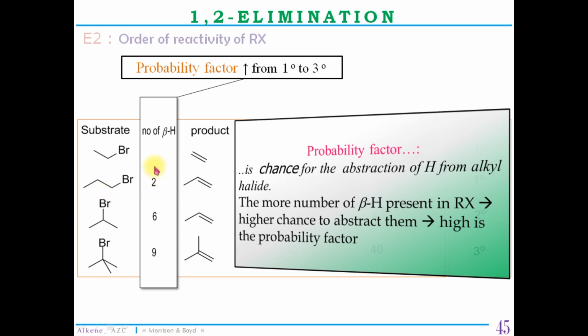In these examples, primary alkyl halide has only 2 beta hydrogens, while secondary alkyl halide has 3 and 3, that is 6 beta hydrogens, and finally tertiary alkyl halide has 9 beta hydrogens. So the number of beta hydrogens is more in tertiary alkyl halide, so there is a high probability factor for tertiary alkyl halide and high reactivity.